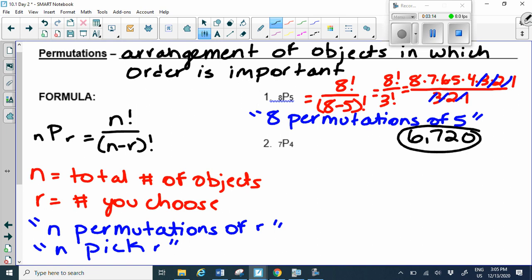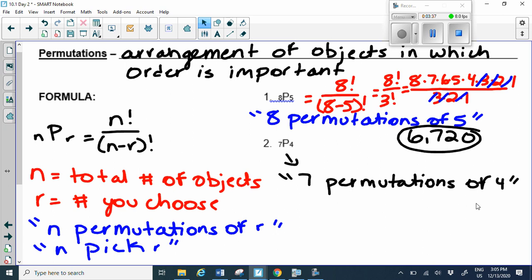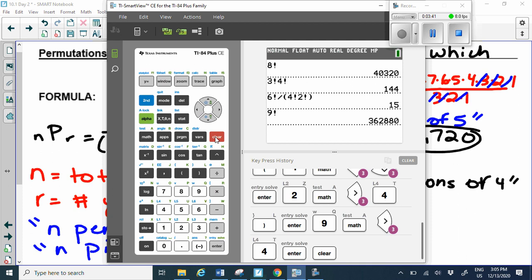Okay, now let's talk about how we can also plug this into your calculator, because you can also do that. Some of these are going to get a little bit long. So for number 2, this is going to say 7 pick, or permutations of, 4. Let's go ahead and use our calculator to do this. Going into our graphing, remember you can also use a scientific.